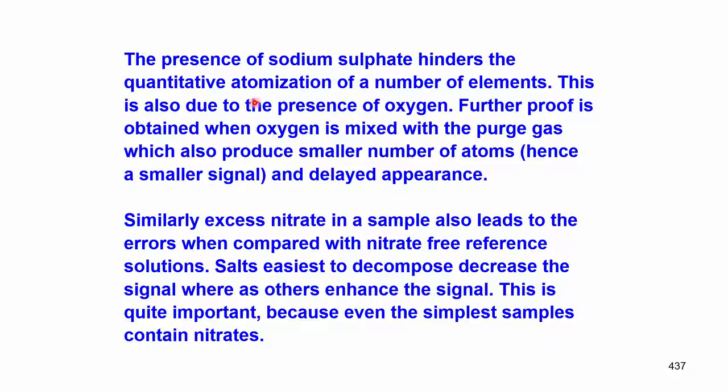Further proof is obtained when I add oxygen along with argon during the flow. I am mixing oxygen with the purge gas, that is argon, which is known as the purge gas.